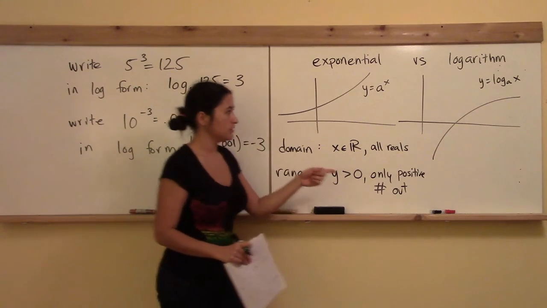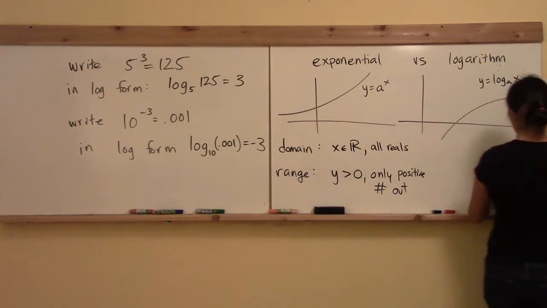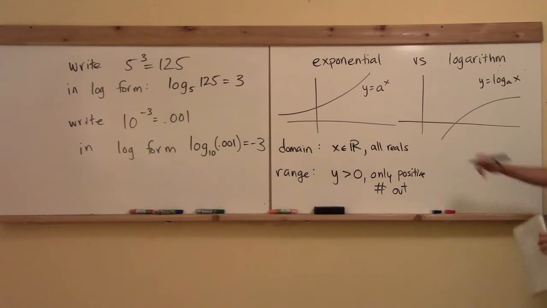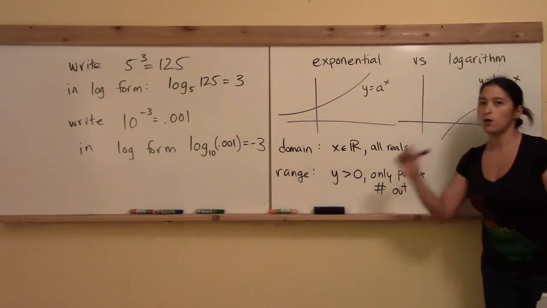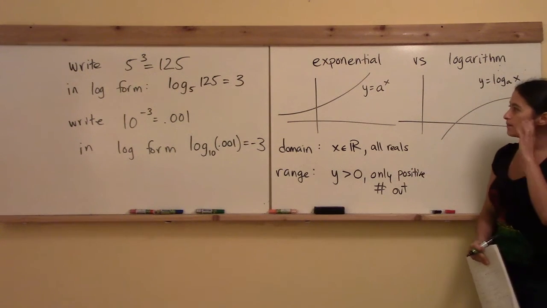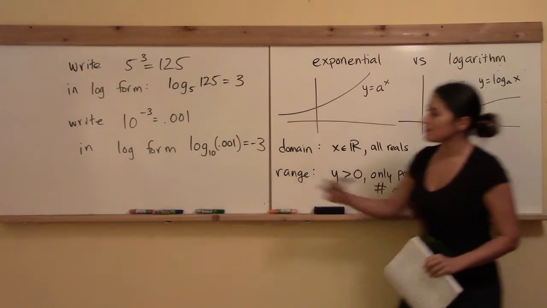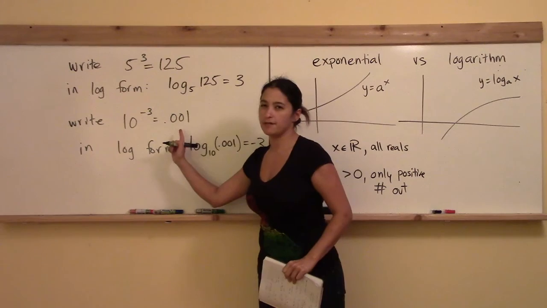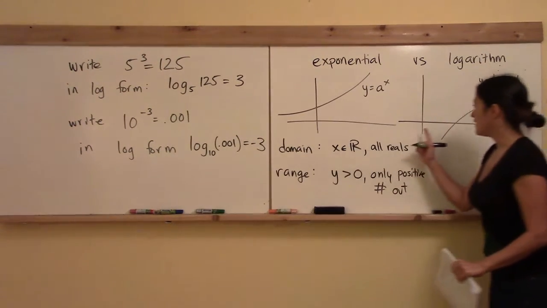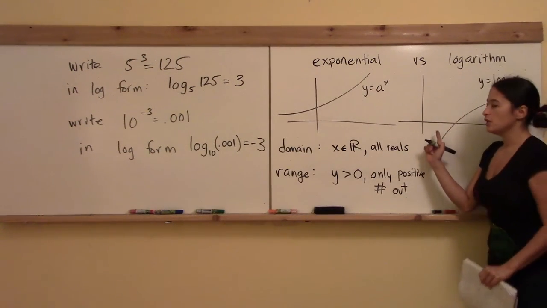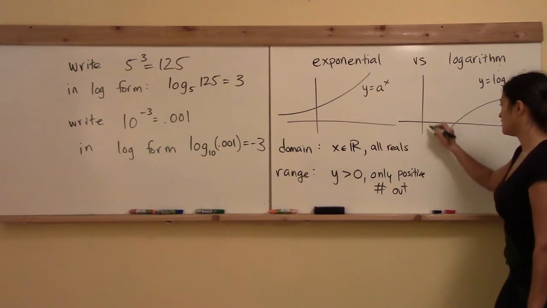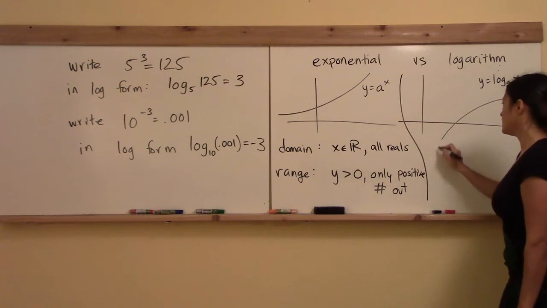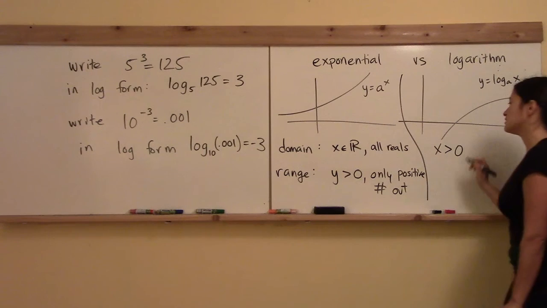Alright, now let's go over here to logarithmic land, and we'll see what's the domain of a logarithm. And keep in mind, those are the numbers that are okay to put into a logarithm. And since the numbers that we put into the logarithm are the same numbers that were coming out of the exponent, according to the picture, what do you think the domain is here? x has to be greater than 0.